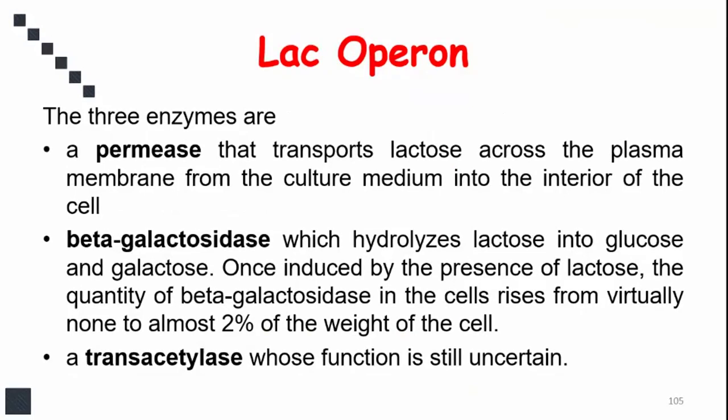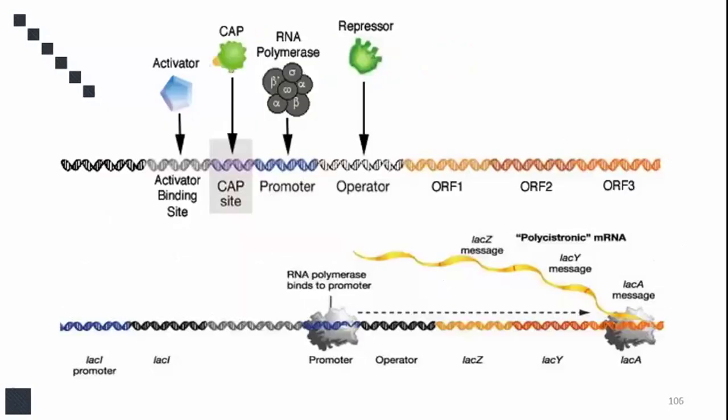In the lactose operon, there are three enzymes. Number one, the permease that transports lactose across the plasma membrane. Two, beta-galactosidase, which hydrolyzes the lactose into glucose and galactose. Then three, the transacetylase, whose function is still not understood. So these three genes are the associated genes.